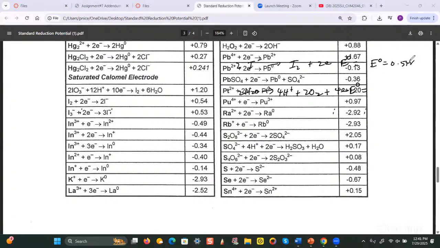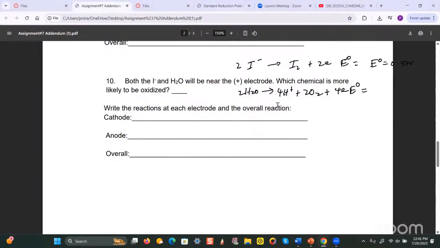And then now for the oxidation of water, we did that before, so can you help me out again? Because I don't want to spend time searching for it. What was the EMF value for the oxidation of water? Minus 1.23 volts, right?